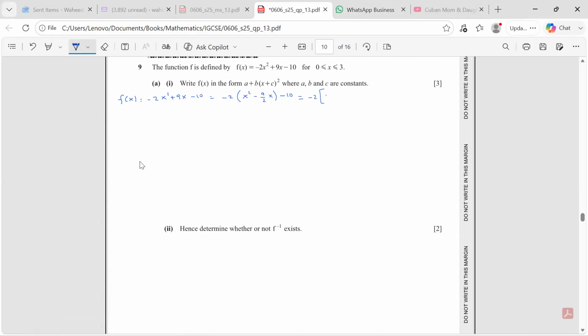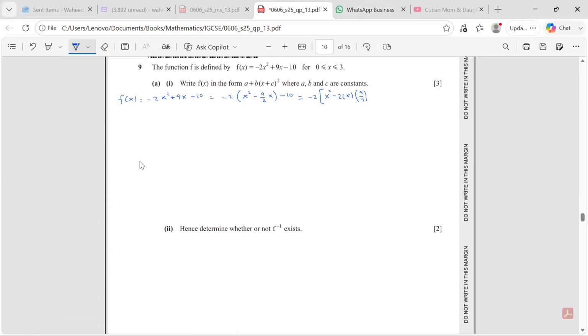Minus 2, this is x squared minus 2 into x. What else should I have here? I should have here 9 over 4, so it will make it 9 over 2.